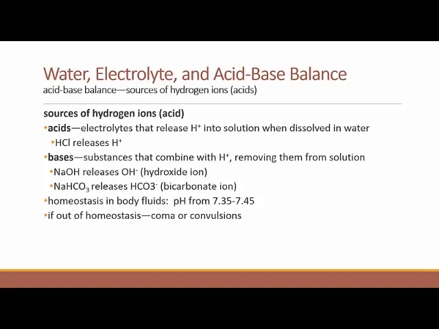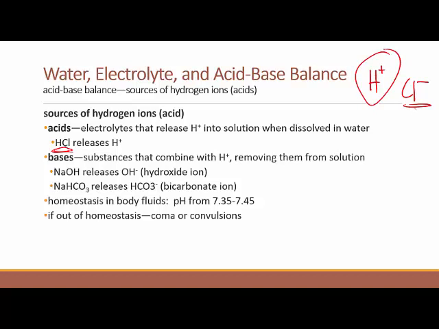So for instance, HCl, which is hydrochloric acid, the same stuff that we put in our batteries and into our stomachs, when we dissolve that in water, we wind up with a hydrogen ion and a chloride ion. Now the chloride ion doesn't have anything to do with acid-base balancing, but the hydrogen ion is all about acids.